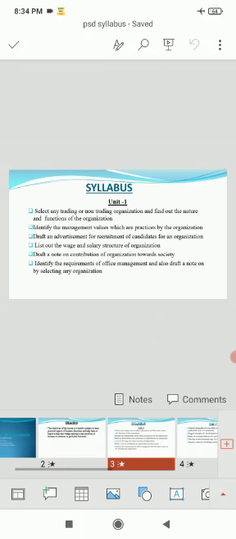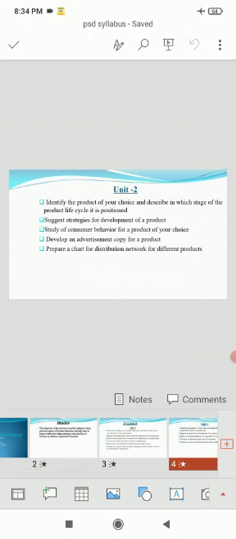Now next we can see the second unit. The second unit contains: identify a product of your choice. Here we have to select a particular product and describe in which stage of the product life cycle that product is positioned, and also suggest strategies for the development of that product, and study the consumer behavior for a product of your choice.